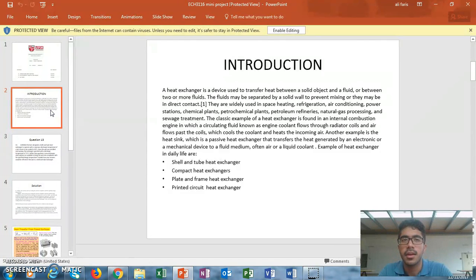Another example is the heat sink, which is a passive heat exchanger that transfers the heat generated by an electronic or a mechanical device to a fluid medium, often air or a liquid coolant. Examples of heat exchangers in daily life are shell and tube heat exchangers, compact heat exchangers, plate and frame, and printed circuit heat exchangers.